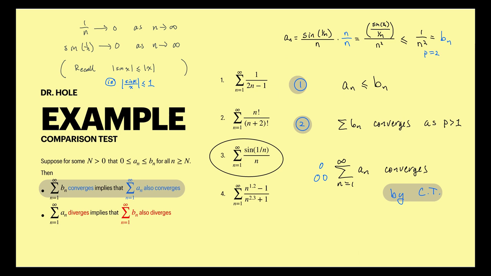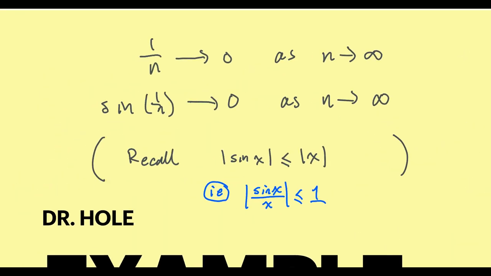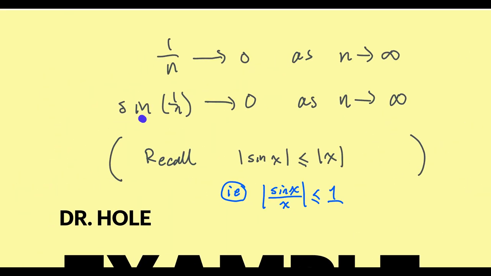Now here we need to pay a little bit of attention to this numerator. So in the numerator was sine of 1 over n. The behavior of 1 over n is going to 0 if the n in the bottom gets big, and sine at 0 is 0.